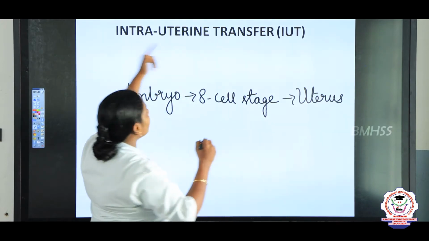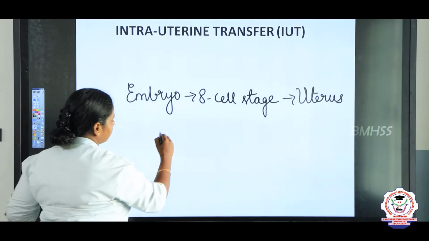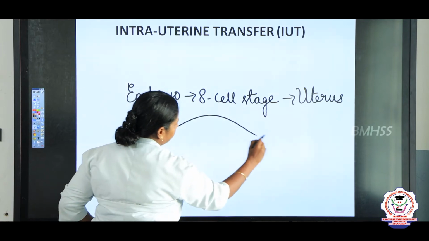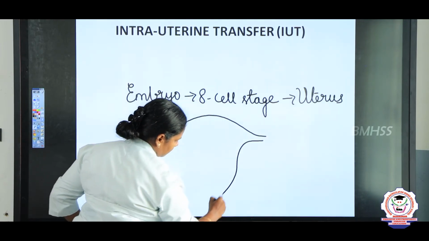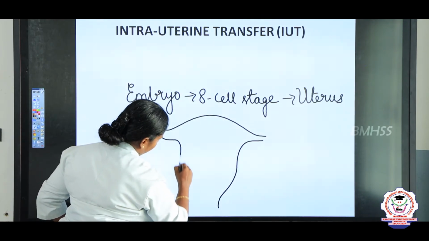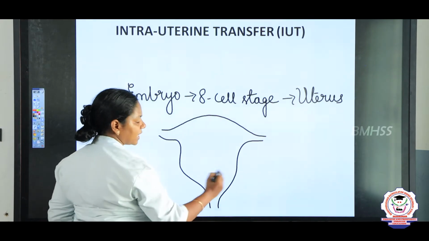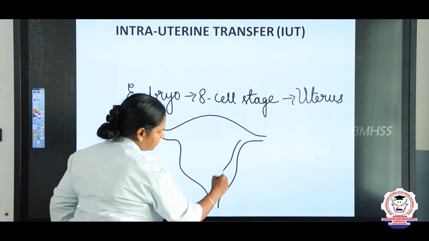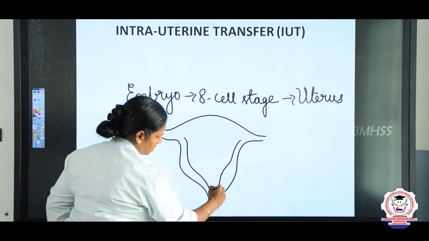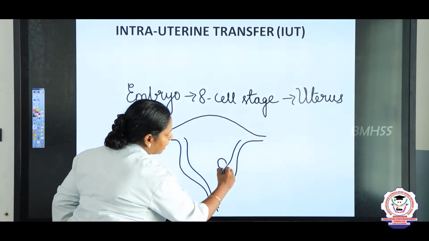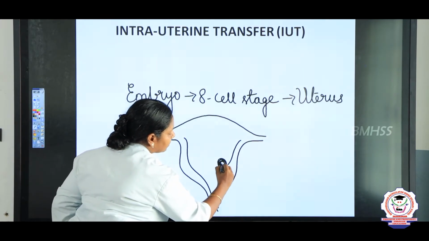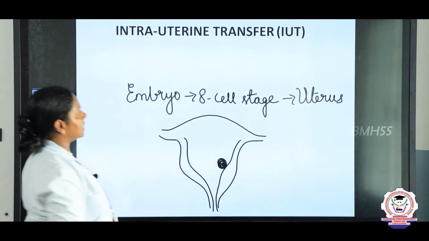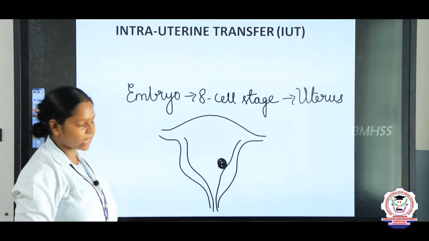For example, this is the female reproductive system. Here, this is the endometrium. So they are transferring the embryo directly into the uterus. This we say is intrauterine transfer.